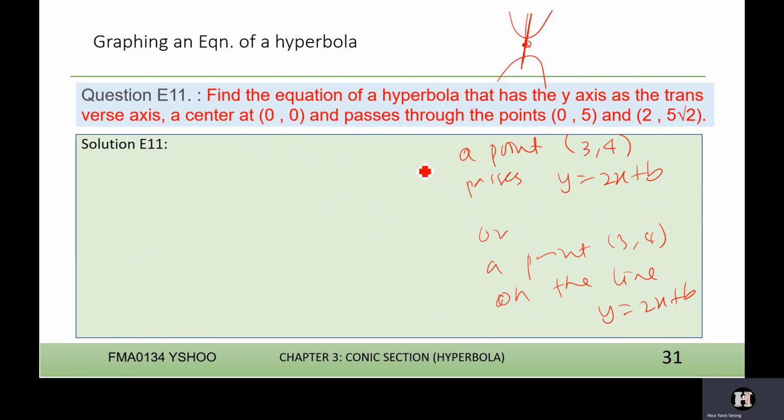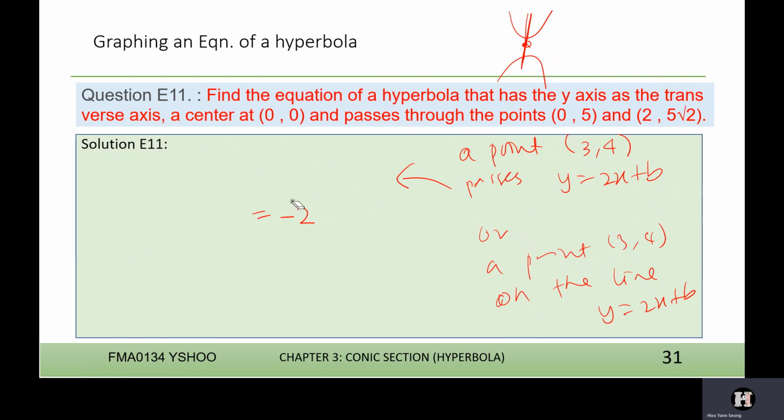You put in your (3, 4): y as 4, x as 3, plus b, so it must be fulfilled. This is the way they let you find your a, b, c, whatever alphabet. So your b is -2. The below one is exactly the same thing. So that is the information we have.